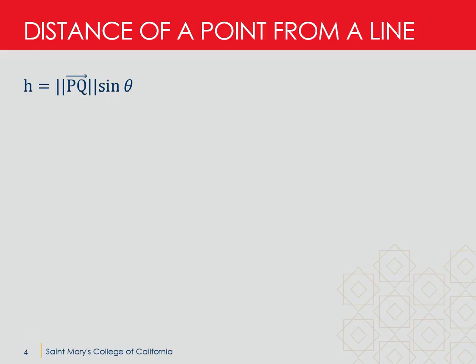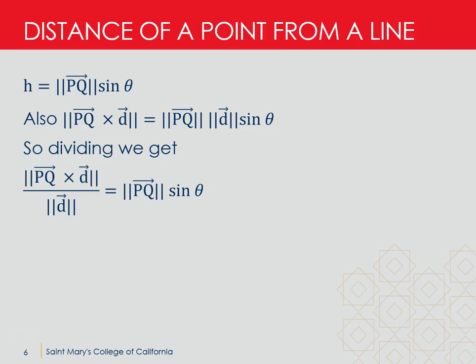Okay, so knowing that that's true, we can copy that formula over here. And this looks quite similar to something we've seen before in terms of cross products. In fact, there it is. So if we take PQ cross D, some vector D, and we'll see that's in the direction of the line, well, PQ cross D is the magnitude of PQ, the magnitude of D times the sine of the angle between them. And that's almost what we have above with the PQ and the sine.